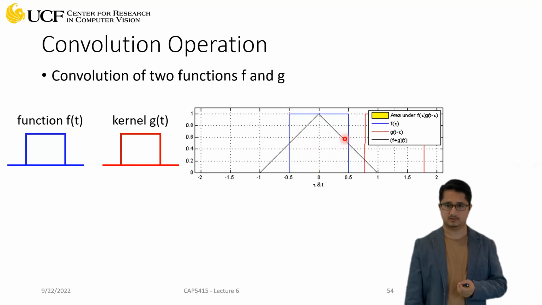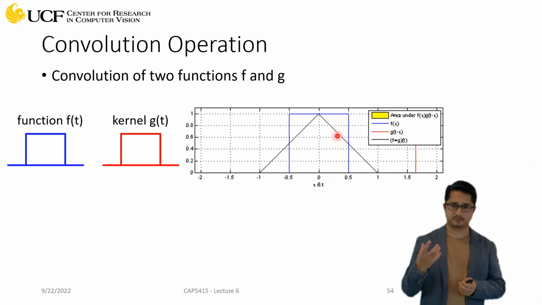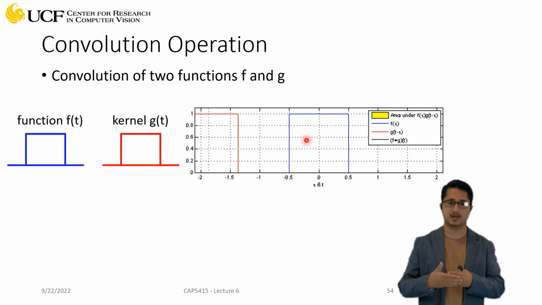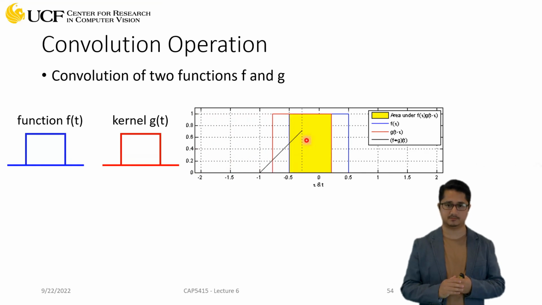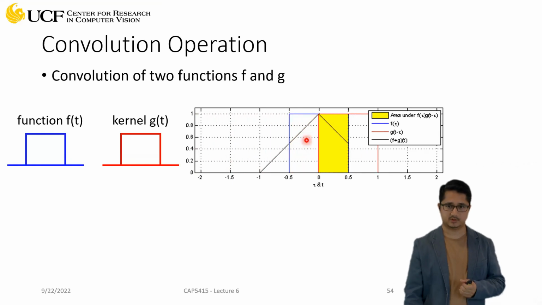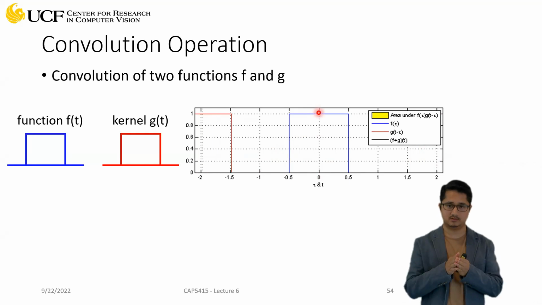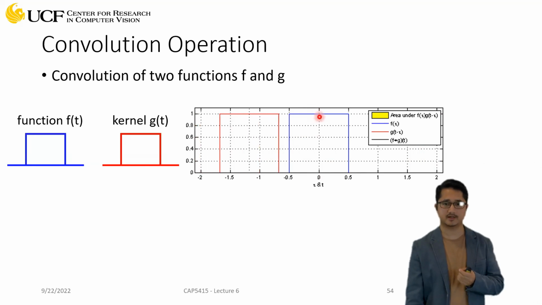The area of the yellow region shows how much overlap you have between function f and kernel g at this particular time step. As you keep going right, the overlap increases, and at the center they perfectly match each other, and you get the highest response.